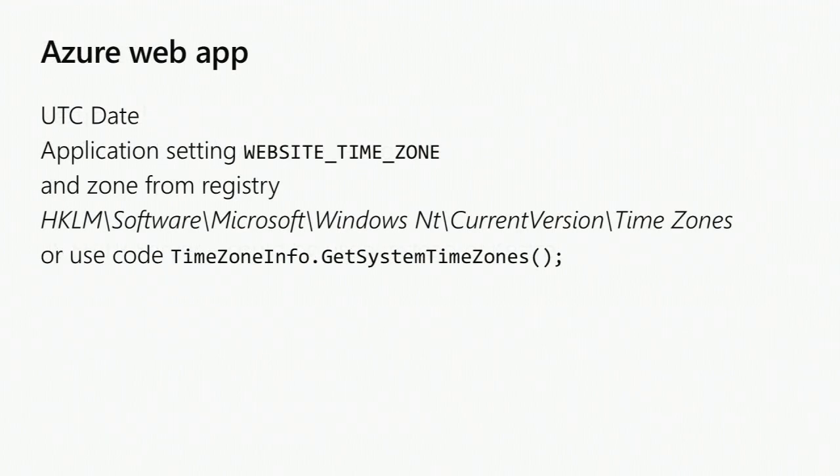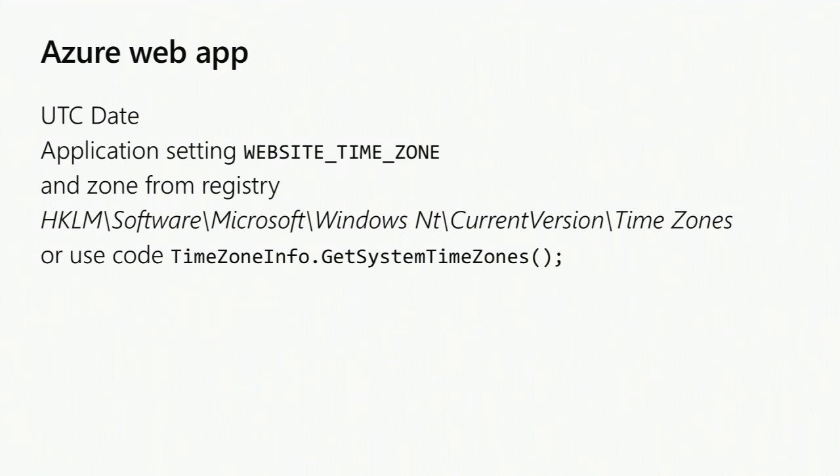And if talk about publishing, of course, I should mention Azure, because we are on Microsoft conference, and so we all love Azure usually. And so when you're publishing to Azure, you should think about time zone, because your application by default will get UTC time zone. And if you want to change your default time zone, you can get it from the registry, from this path, or you can get it inside your code with this method.